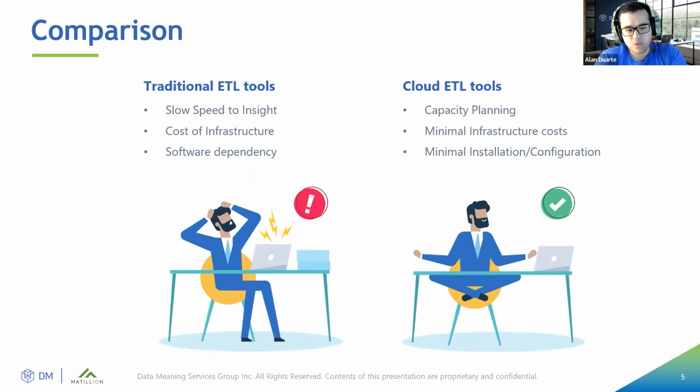For example, with Matillion, we can access the tool from a browser. We just need a browser to access it, and we are able to fully develop and build our integration jobs. So it's very easy for us to do that. It's a very friendly interface. We can also plan our use and our capacity, so it's very, very dynamic for us.